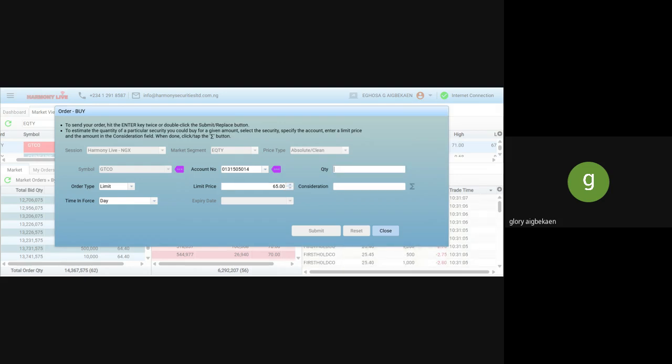Okay, I really don't have money in this account. Let's say I'm buying just 2 units. If I double click here, because if I do a single click, it will not go. So I need to double click.